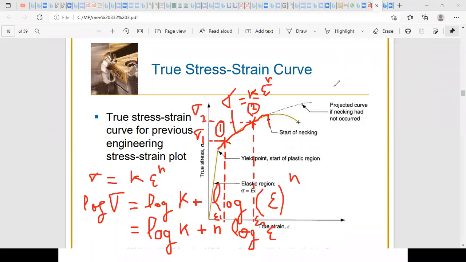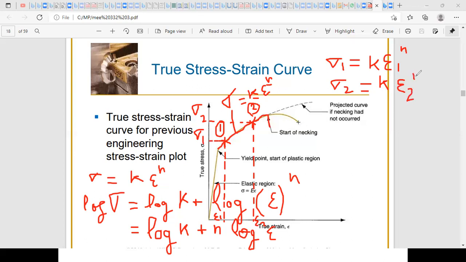So you can write in a system sigma 1 equals k epsilon 1 to the power n, and sigma 2 equals k epsilon 2 to the power n.